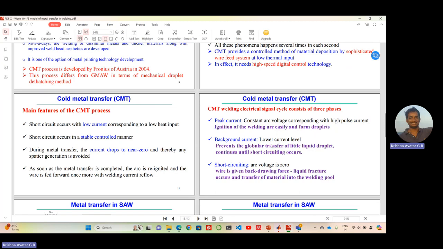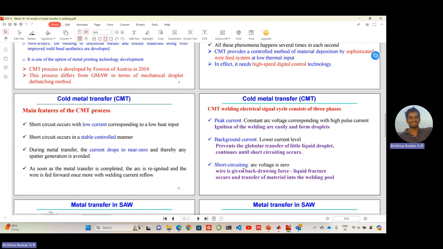In the background current phase, there is a lower current level, which prevents the globular transfer of the little liquid droplet, and it continues until short circuiting occurs. In short circuiting, the arc voltage is zero, which is why we see a sudden increase in the current flow, and the wire is given a back-drawing force. Liquid fracture occurs, and then the metal is transferred into the welding pool.